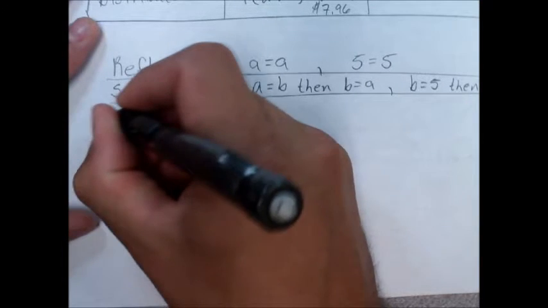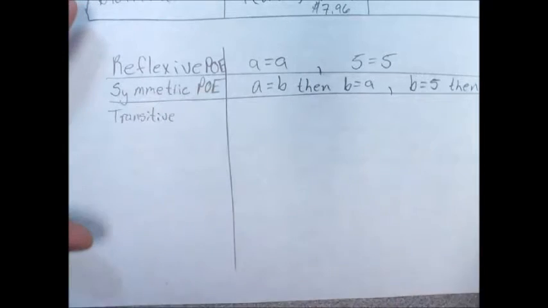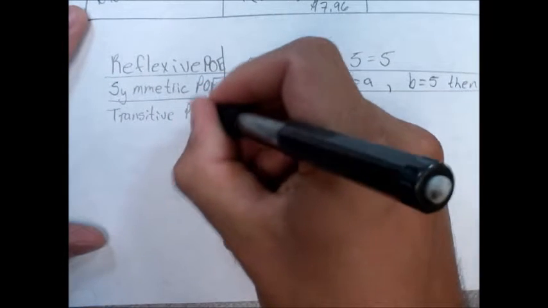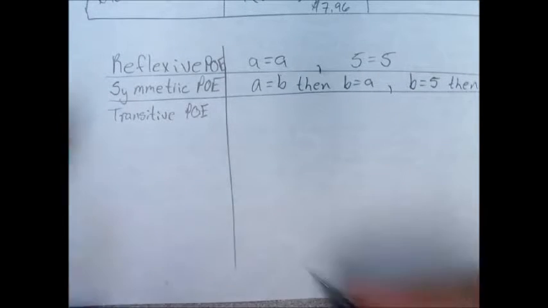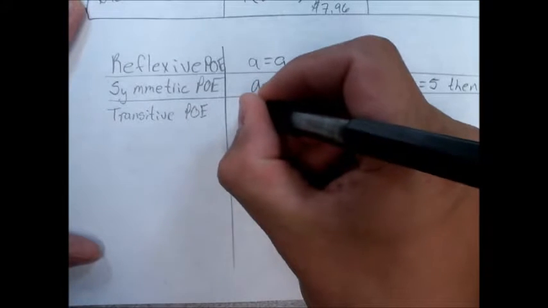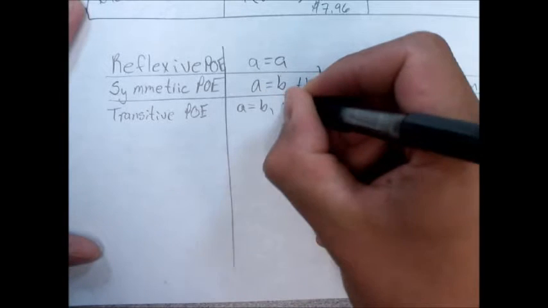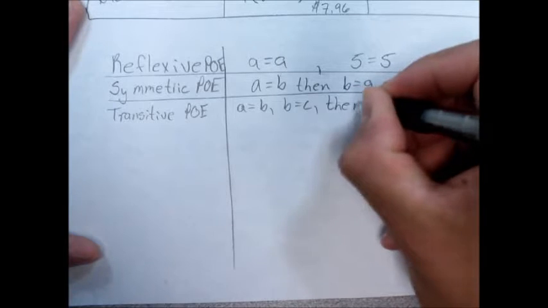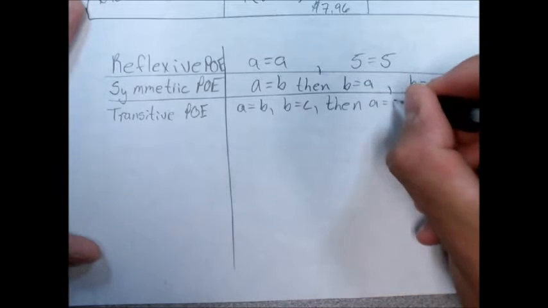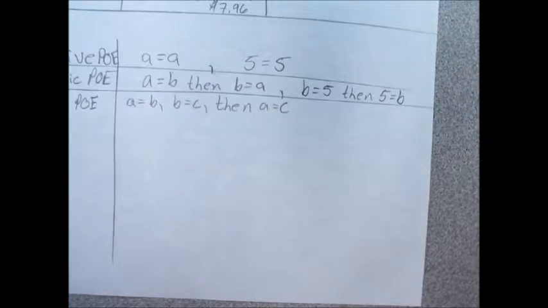Next one's transitive. Now this one takes a little bit of an explanation, so if you don't understand it, make sure we ask questions. I'll explain it to the best of my ability, but sometimes if you understand it differently, we just need to approach it a different way. This one says if A equals B, and B equals C, then we must know that A equals C. Here's my real example.